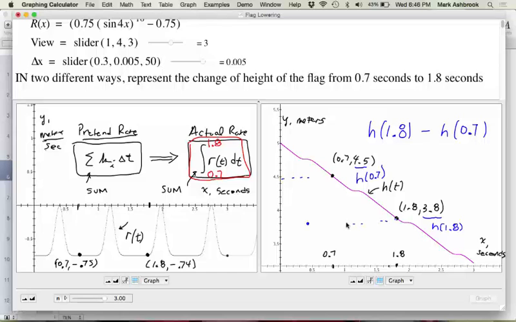And so how much does the height descend? This much. It's the change in the y coordinate. If the y coordinate is height, then it's just the change in height, which is the change in the value of the function from 0.7 to 1.8. So it's just final minus initial.